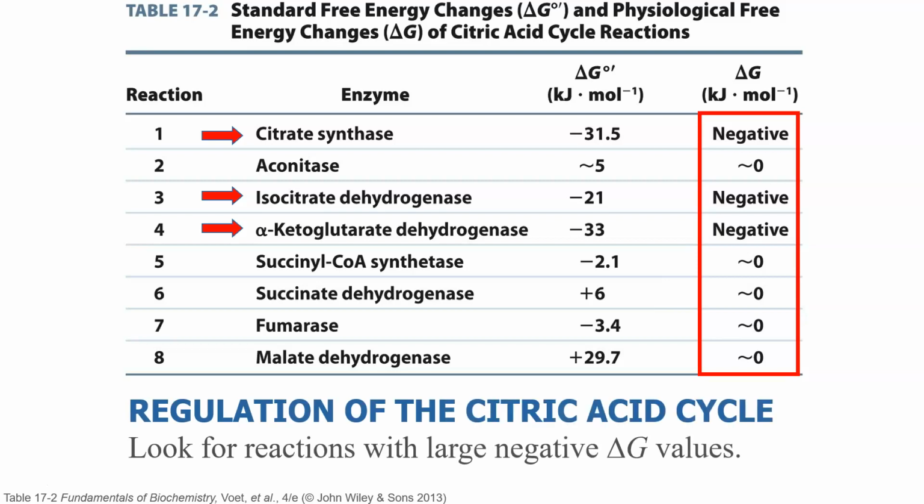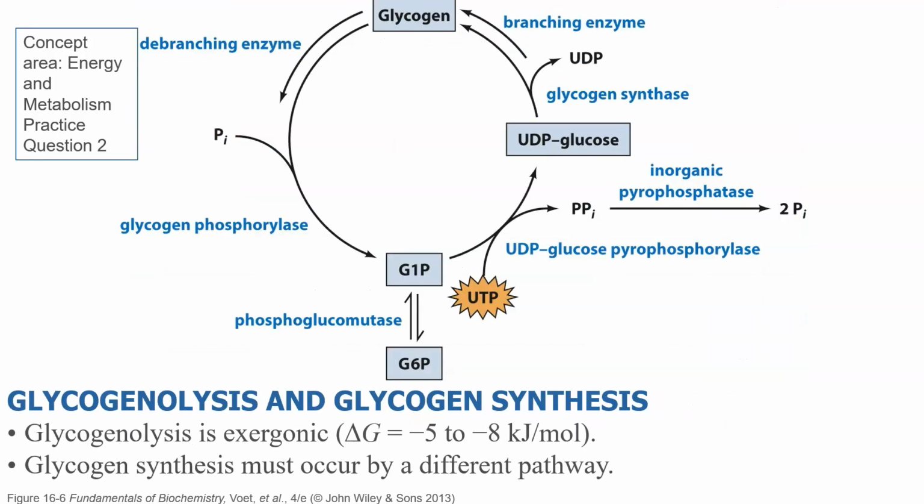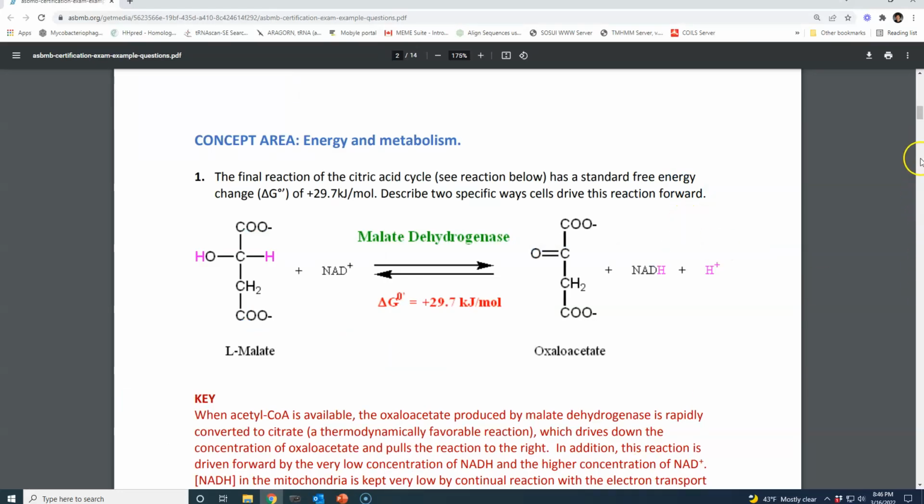The point is, what strategies can we use to drive a reaction forward? Driving a reaction forward that's not favorable is also a concept followed here. So again, I'm trying to think of how I'm going to drive a reaction forward.